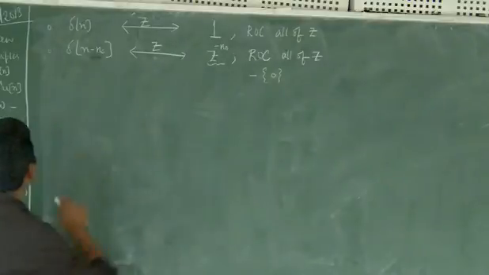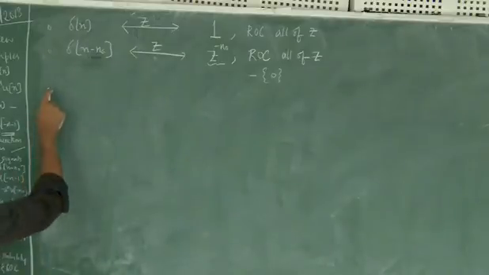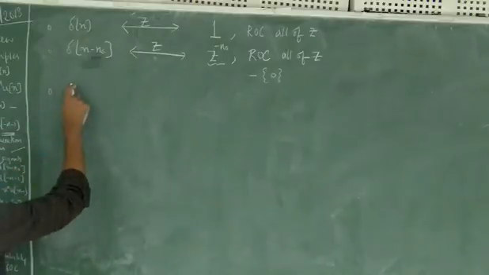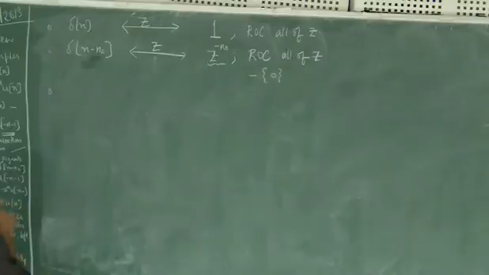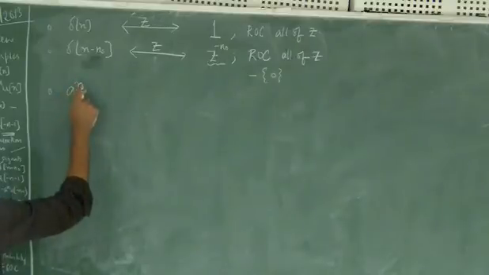Right? Okay. Now let's look at something that's a little bit more interesting. So we've already done A of n, right?